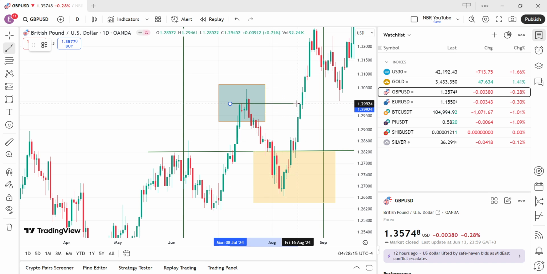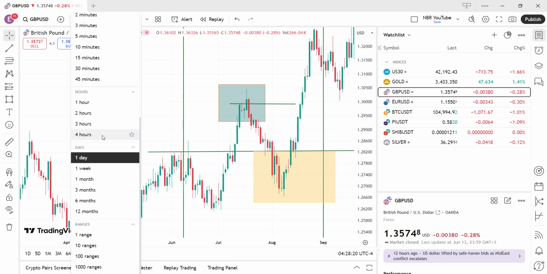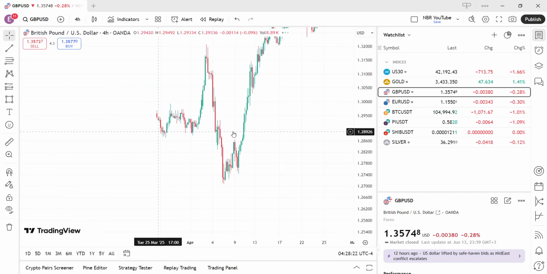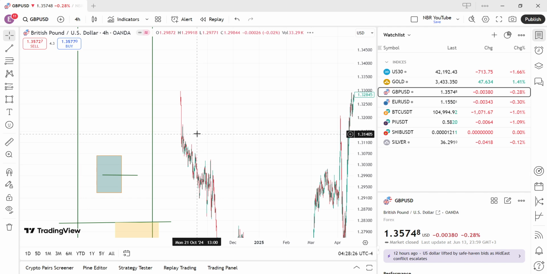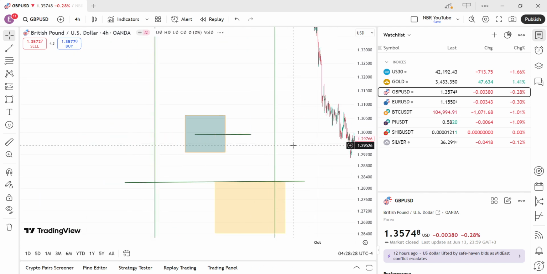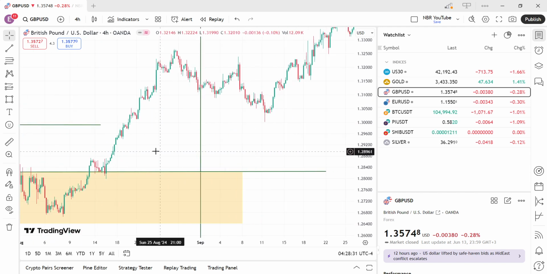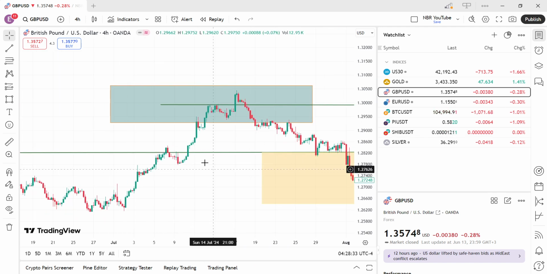I have equal highs. If I go to the 4 hours time frame, you're going to see it in a better way. Here it is. Look at these equal highs here.